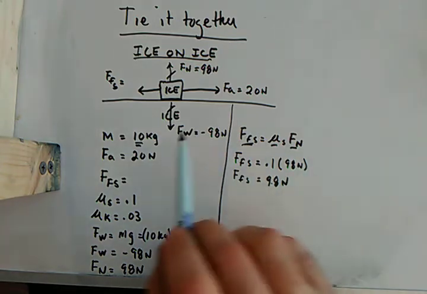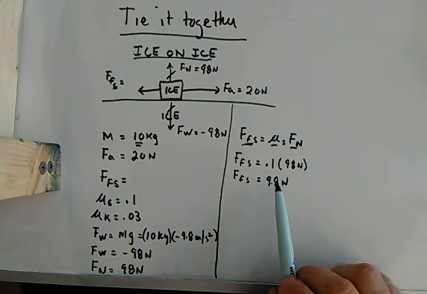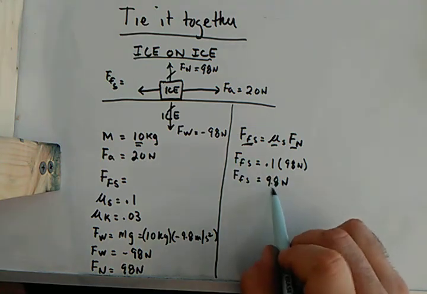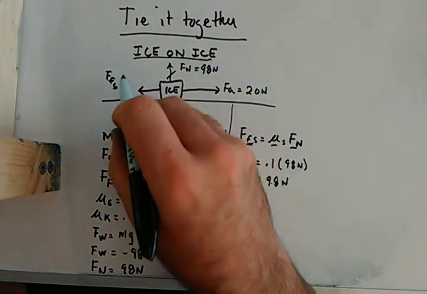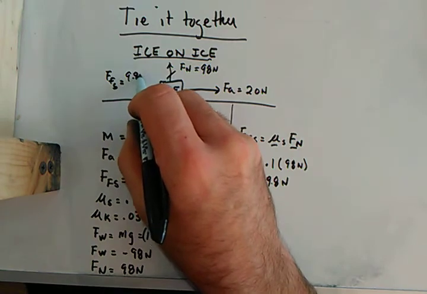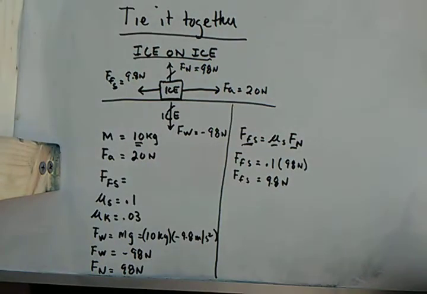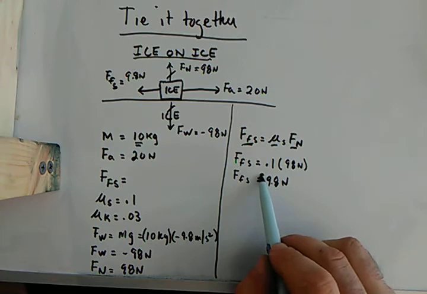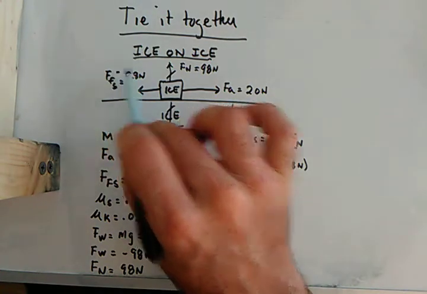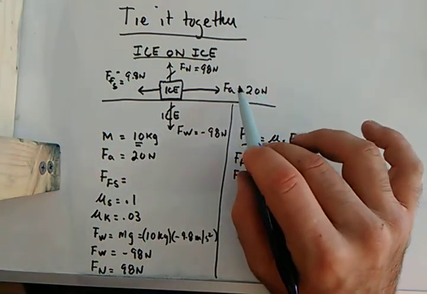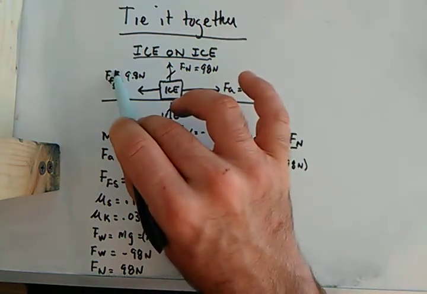Now, here's the sticky point. Where I start looking at the frictional force, I can put that in here, 9.8 newtons. But I know that the frictional force opposes any motion.